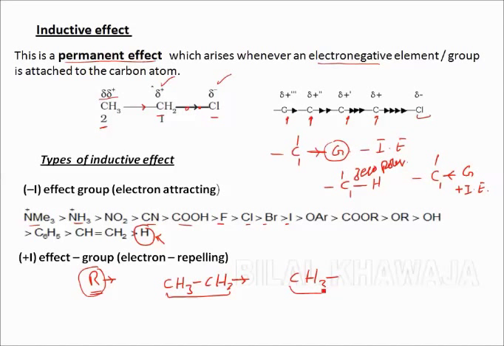So all the alkyl groups have the positive I effect. They are electron donors, and their electron donation effect depends on the number of carbon atoms. So the ethyl group has more than the methyl.